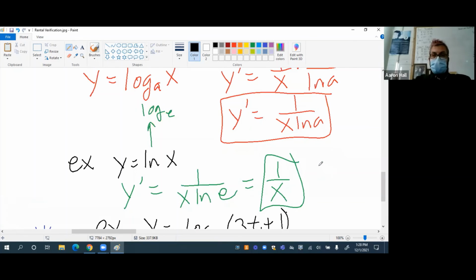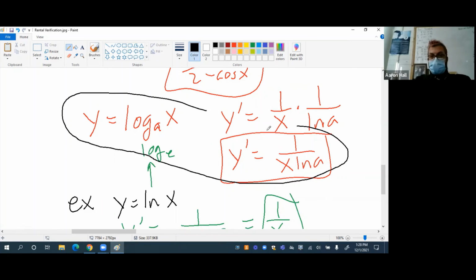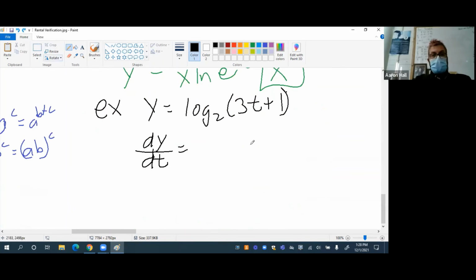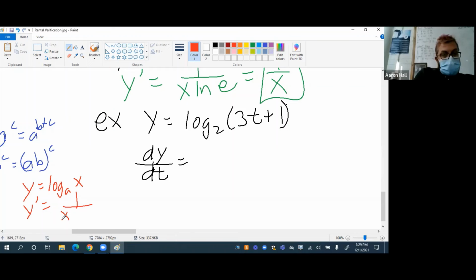Using our rule, what do we get? One more time, if I have y equals log base a of x, what does this become? y prime equals 1 over x ln of a.